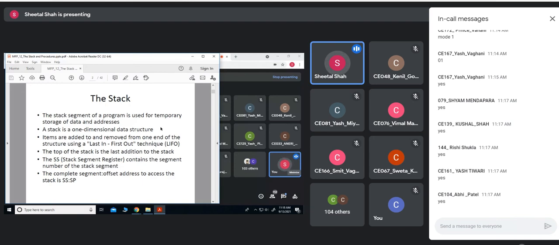The stack segment of a program is used for temporary storage of data and addresses. So apart from storing data, we can also store addresses. Can you give me one example where we store an address into the stack?